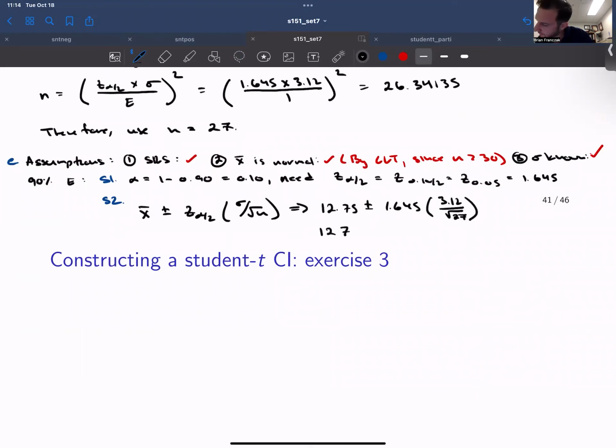So this is going to give us 12.75 plus or minus 0.987, 0.988.